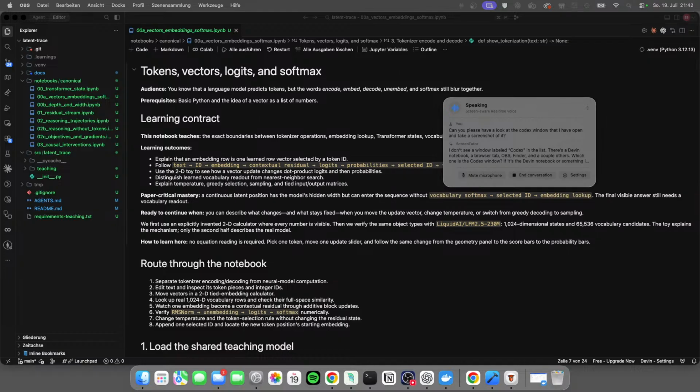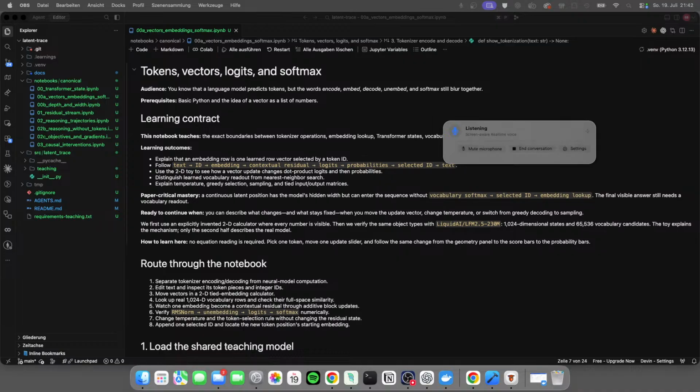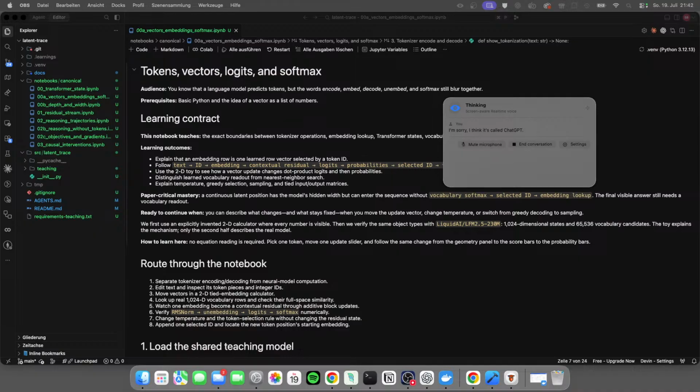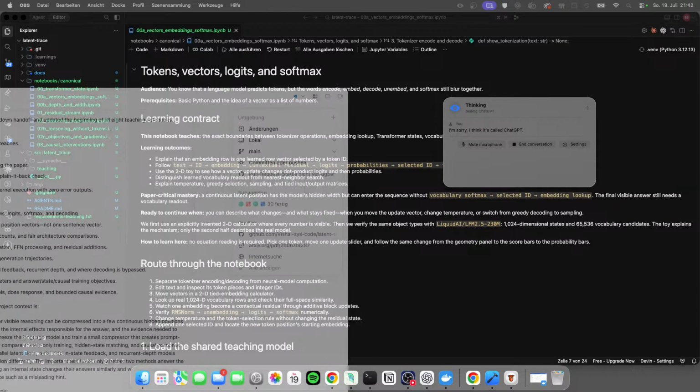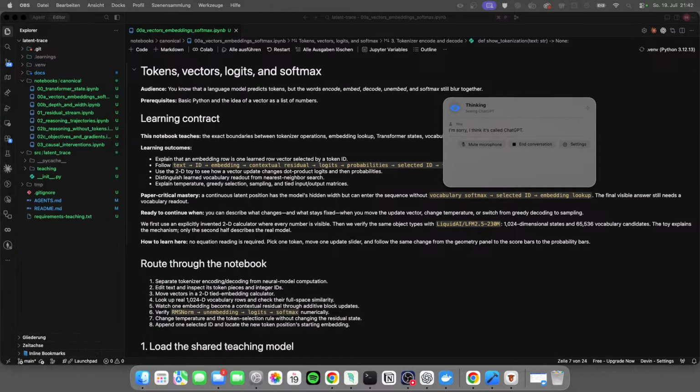There's a Devon notebook, a browser tab, OBS, Finder, and a couple others. Which one is the codex window? No problem. I'll grab the ChatGPT window and then describe what's visible. I've captured the ChatGPT window successfully.